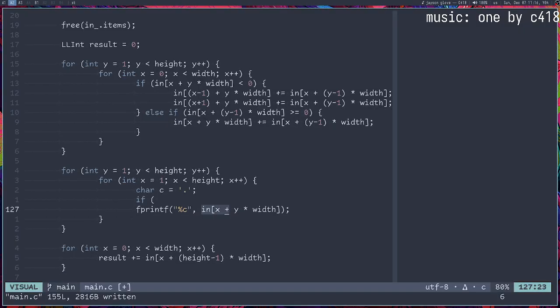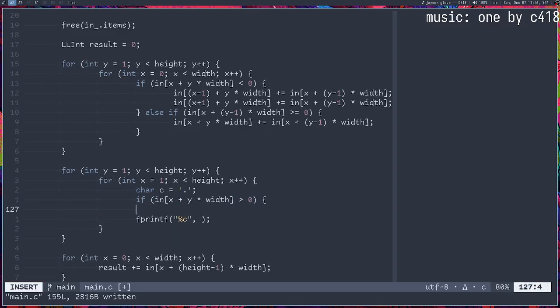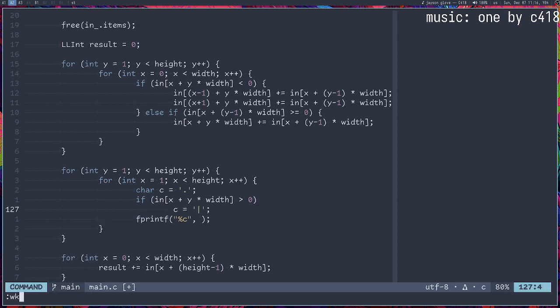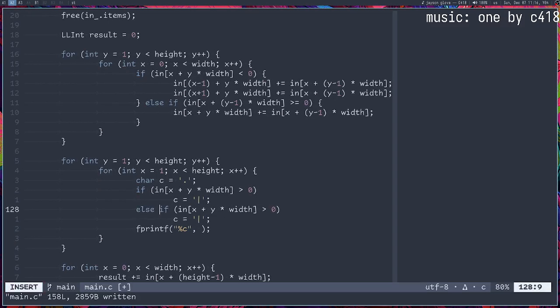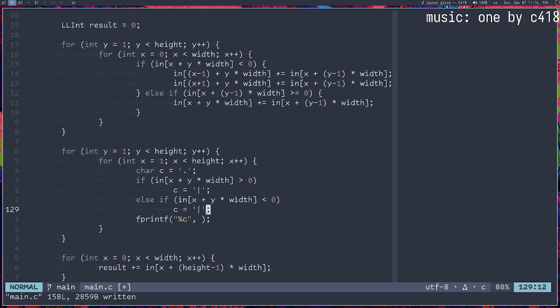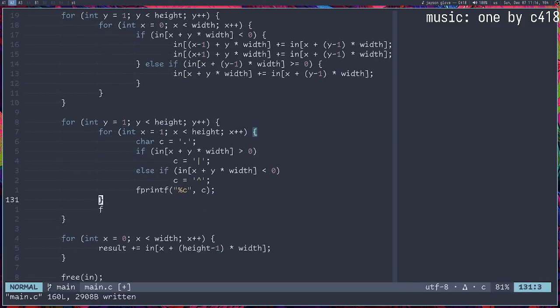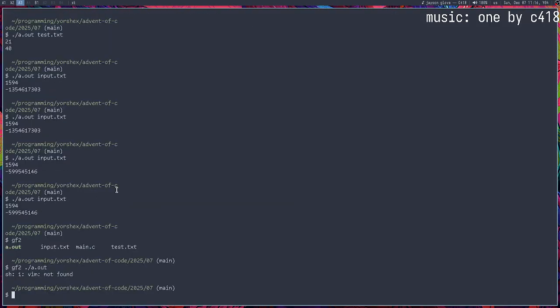If it is more than 0, c equals a pipe. Else, if it's less than 0, it equals a splitter. It's not fprintf, it's just printf. So yeah, let's try to print it.